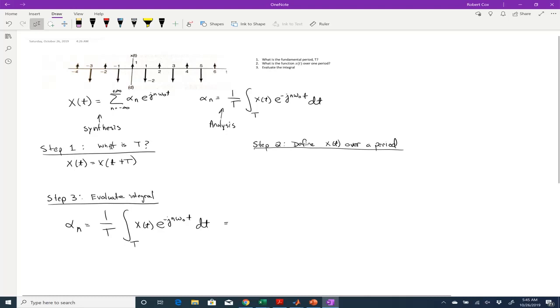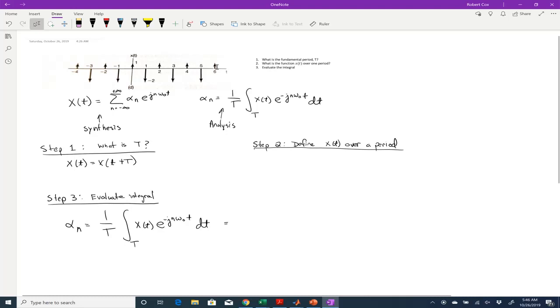Now, we define a period by basically asking, how much time does it take for the function to repeat itself? In this case, I've got an impulse up here of area 1 at t equal to 0. Then at t equal to 2, it repeats, another impulse of area 1. At t equal to 4, another impulse of area 1.